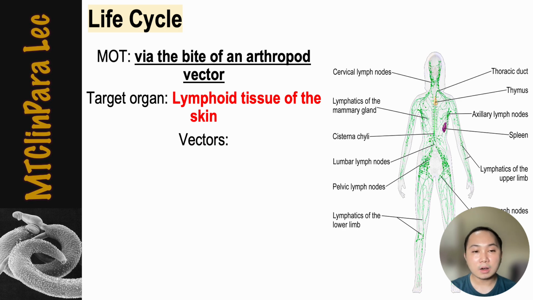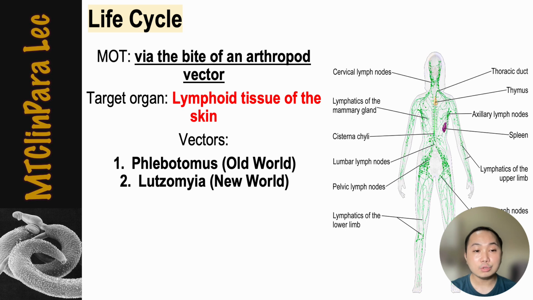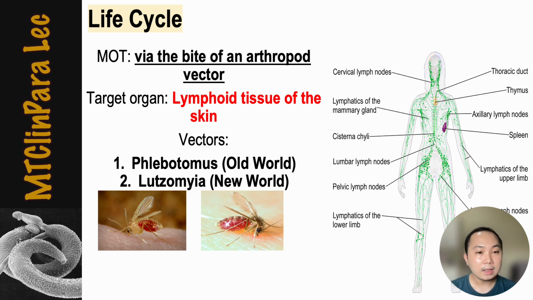The vectors are sandflies in the genus Phlebotomus and Lutzomyia, which are associated with geographical distribution. Phlebotomus sandflies are usually seen in Africa, Asia, and Eastern Europe. Lutzomyia are more associated with transferring the parasite in Central and South America.